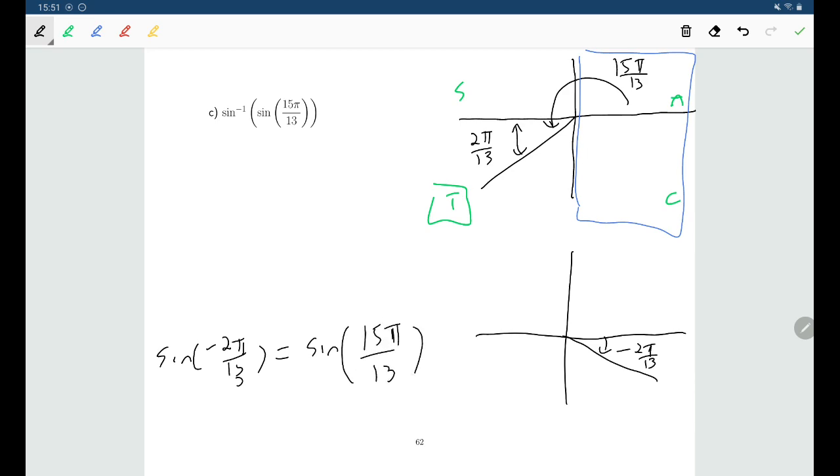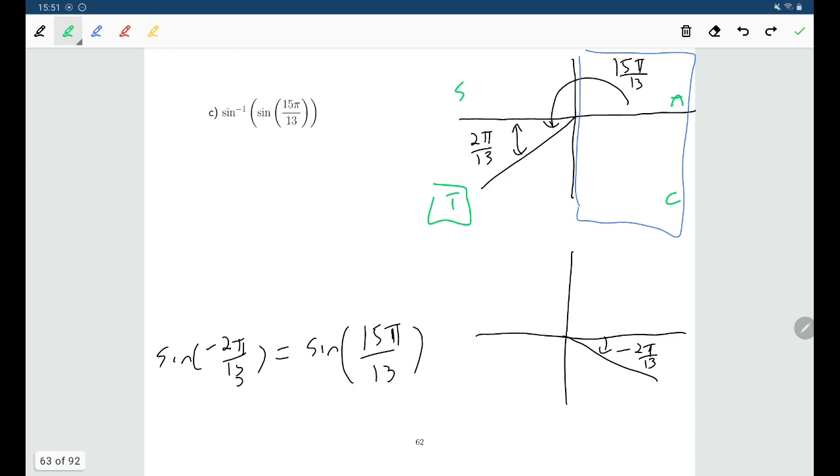The reason I know that is because both 15 pi over 13 and negative 2 pi over 13 have the same reference angle, 2 pi over 13, and they're both in quadrants where sine happens to be negative.